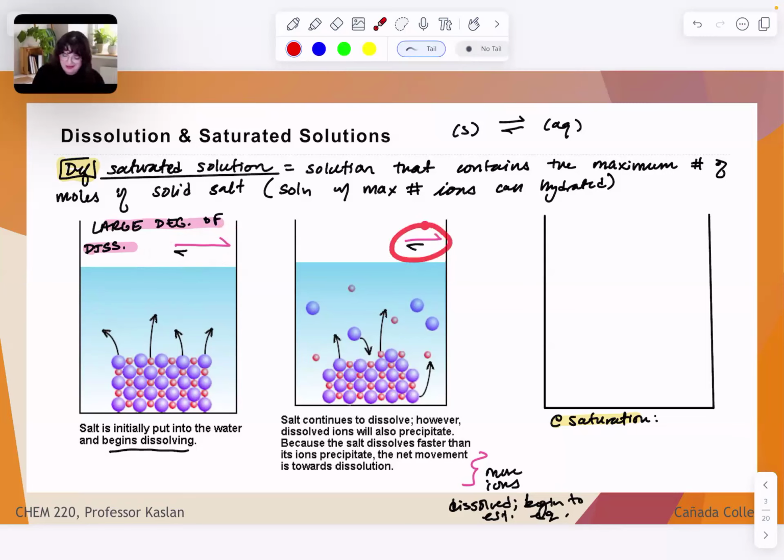Here the rate of forward is approaching almost equal to the rate of the reverse, the rate of dissociation nearly equaling the rate of reassociation, whereas here we were very dissociation driven. So the degree of dissociation changes, and where we were once primarily ion driven, we are now still dominantly ion driven, but with some non-zero reestablishment of the crystal back to its solid phase.